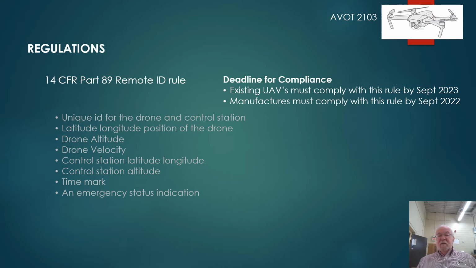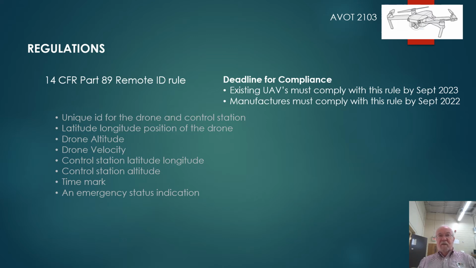But if you buy a drone to use in the United States after September 2022, it must have it all included in the drone. So if you're thinking about buying a new drone, you want to make sure to ask the question, is this drone Remote ID compliant?